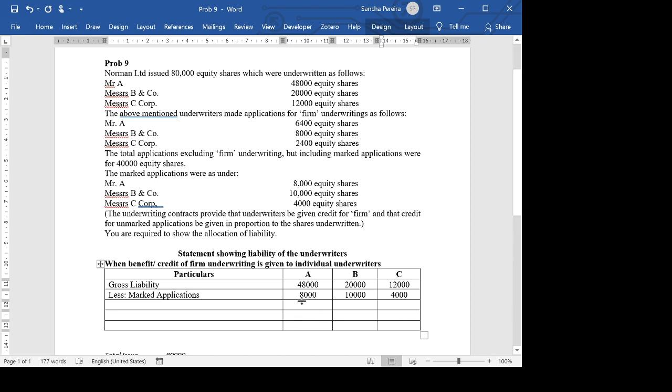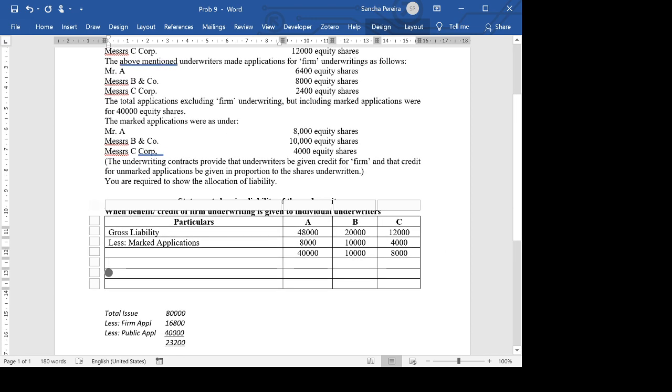So that comes to 40,000, 10,000 and 8,000. Then we minus the unmarked applications. Now when we are minusing the unmarked applications, I don't need to add firm underwriting to it. I just minus the pure unmarked applications, because the firm underwriting has to be minus separately. Credit or benefit is given.